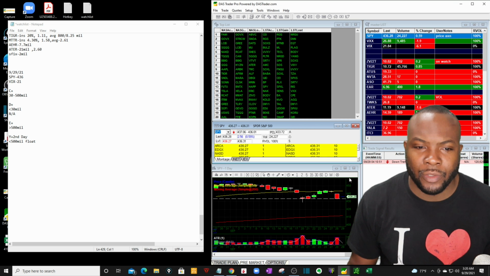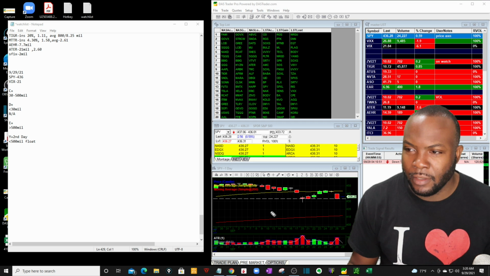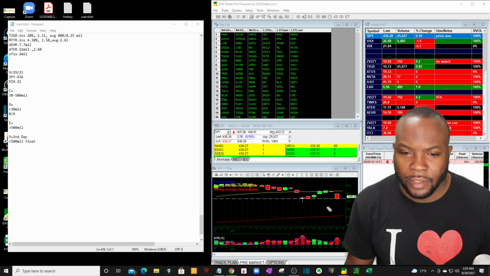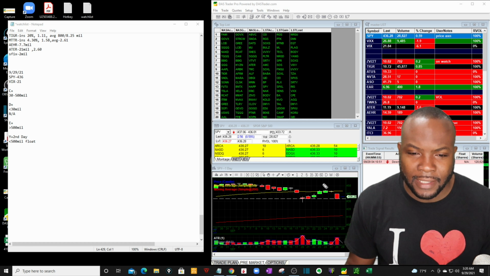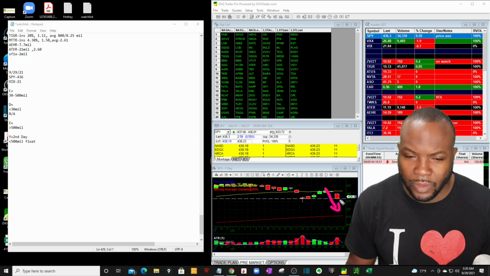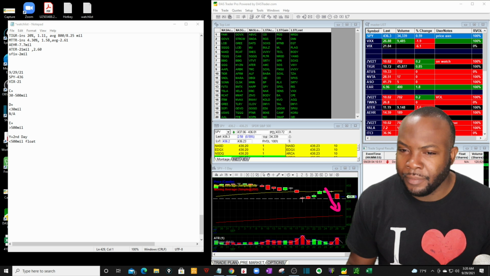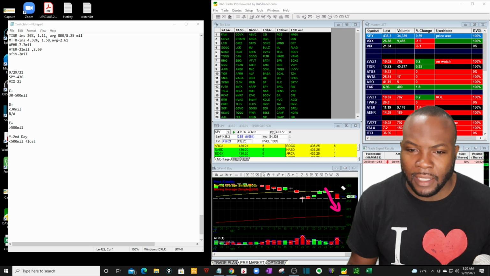Of course, you can use other indicators. So you see the market, look at this chart right here. You see the market sold off drastically from about a high of 440 all the way to a low of 431 or so. You see that? So that was a big sell-off yesterday.